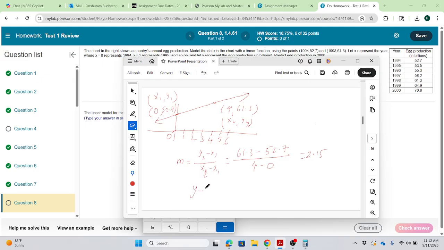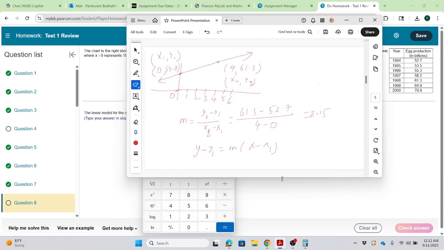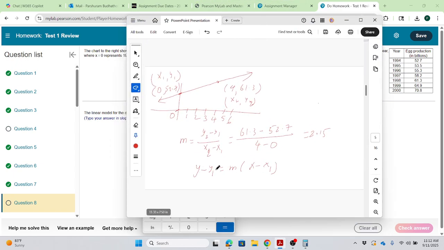We have the slope, and take one of the points. So y minus y1 equals m times x minus x1. By using this formula, you can find the equation of the line. So y minus y1, which in my case is 52.7.